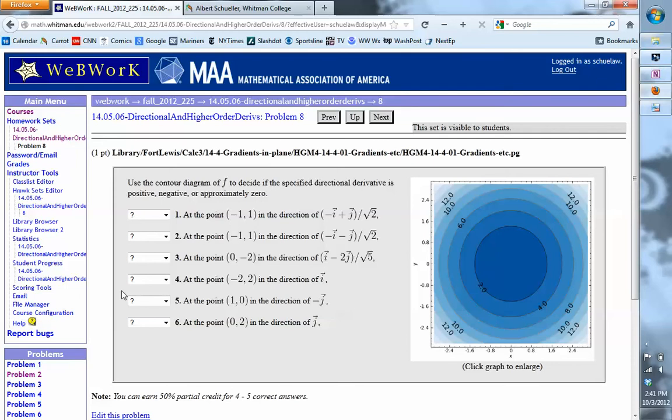There are situations, for example, if WebWork sent you to this point and asked you what the directional derivative, what the derivative was in the, say, i direction, that I'd call 0. So if you're sitting right here and you look in this direction, I'd call that 0. Because you're right sort of at that boundary there.